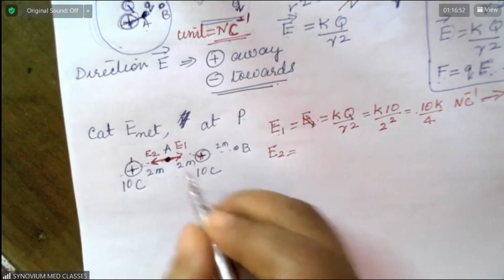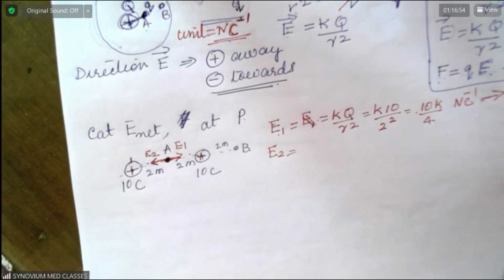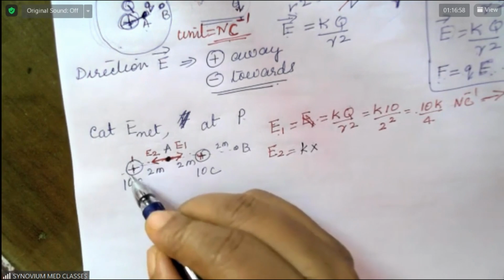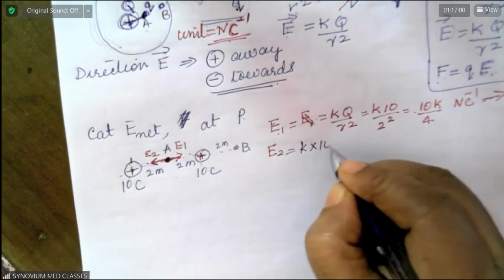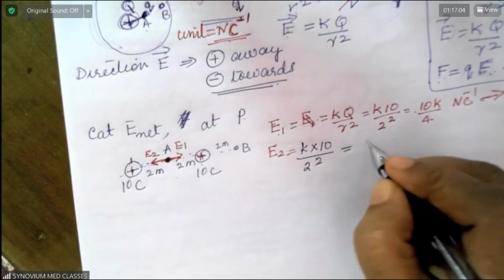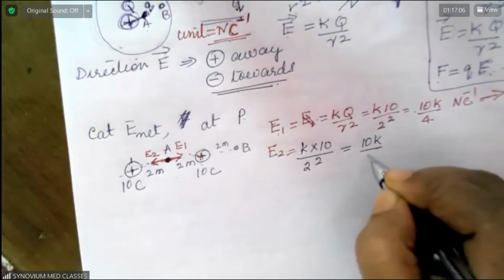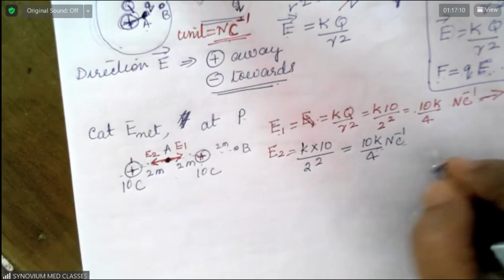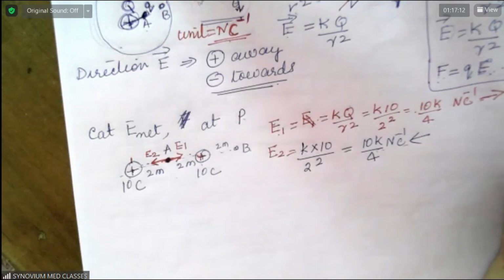And what is the magnitude? Again, KQ by R square, which is K into 10 by 2 square, which is 10K by 4 Newton per Coulomb. Which direction? This way.